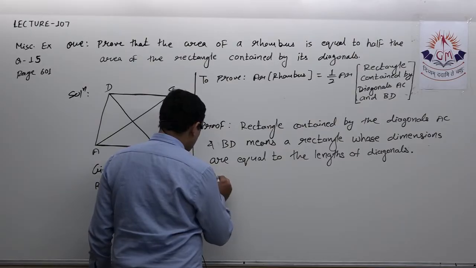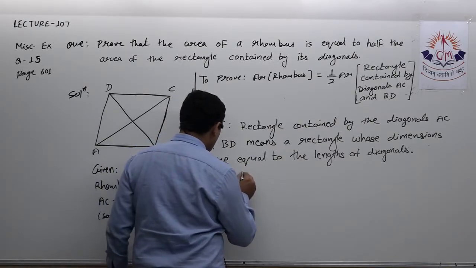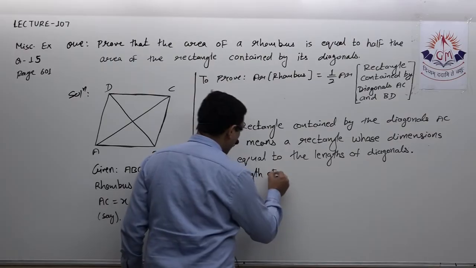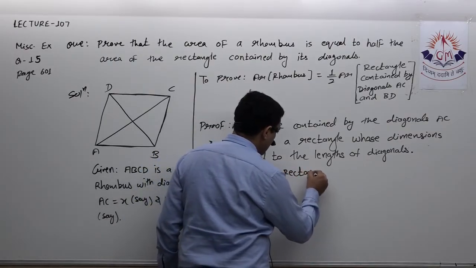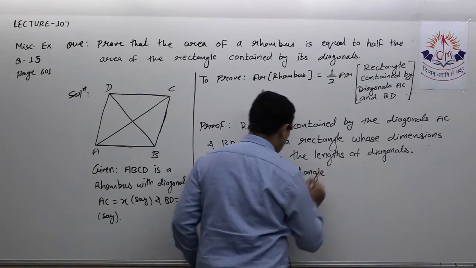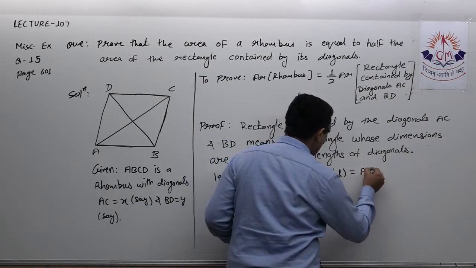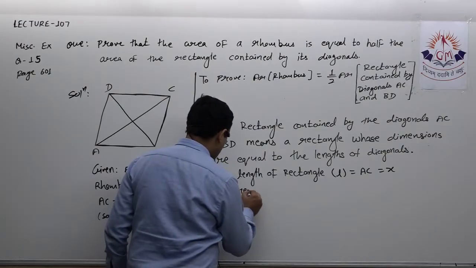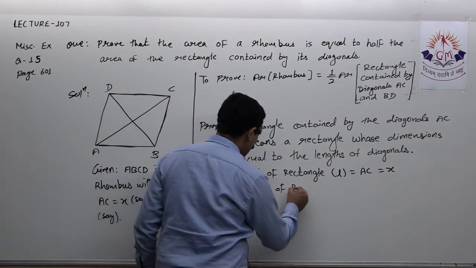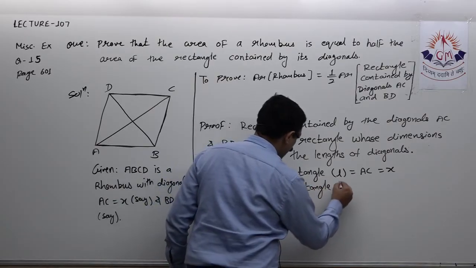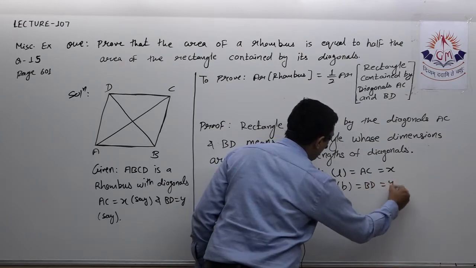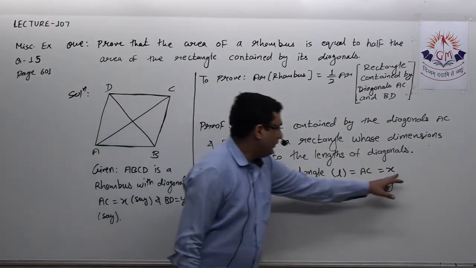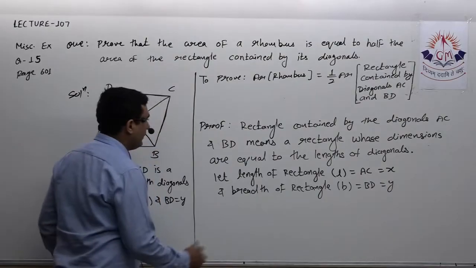Let the length of rectangle L is equal to AC is equal to X, and breadth of rectangle B is equal to BD is equal to Y. Okay, even though we can exclude this X and Y over here, that is not that much required.